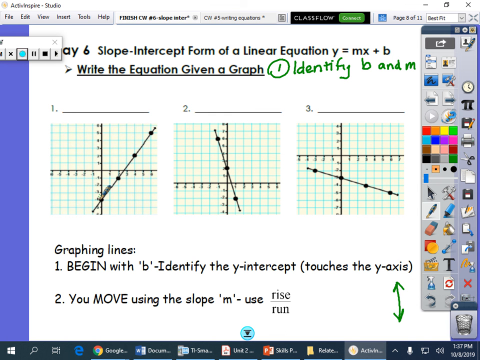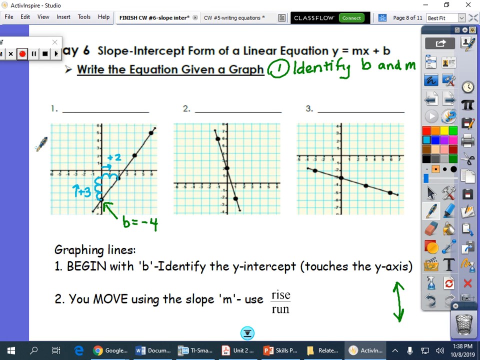So for this first graph, my y-intercept is down here, so that means B equals -4. And then in order to find the slope, I'm moving to this next point. I'm going up 1, 2, 3, so I'm rising 3, so that's positive. And then I'm running 2, which is also positive.